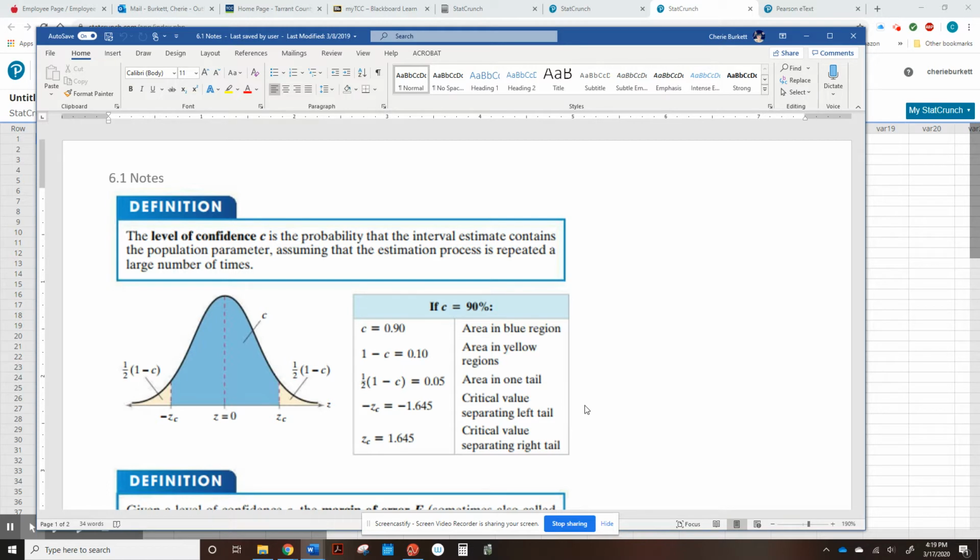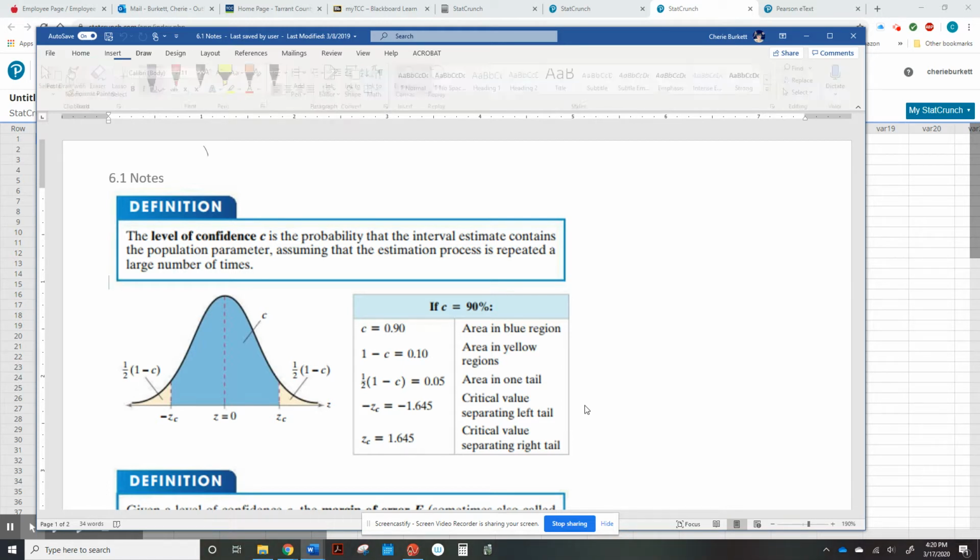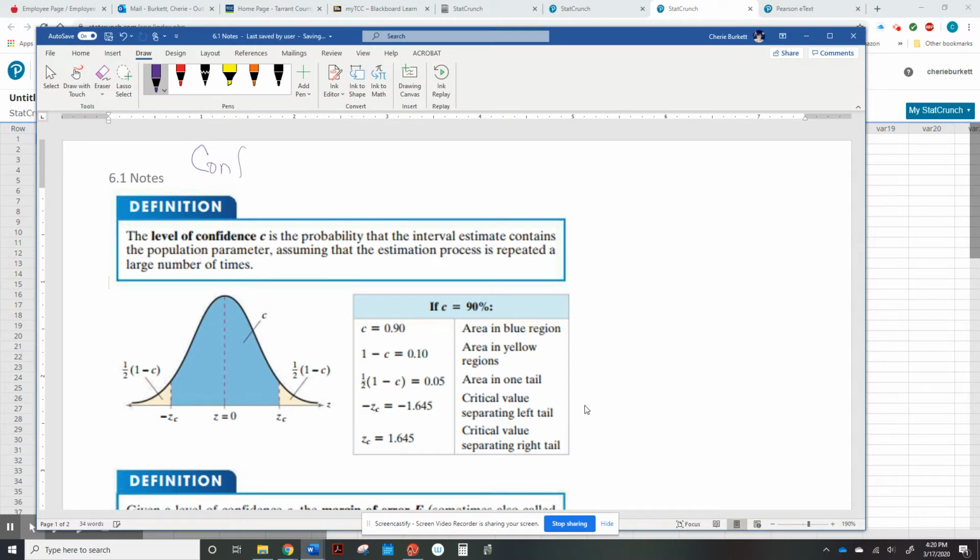So the first thing that I need you to know is that in 6-1 and 6-2 we do confidence intervals. Both of these sections are over confidence intervals.